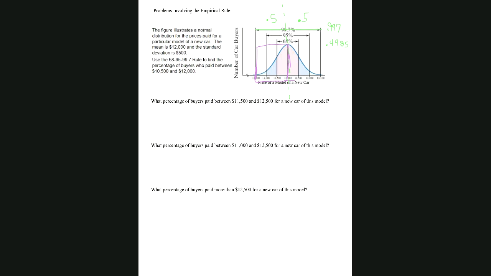But in this case, I only needed to recognize that this was 1/2 of the 99.7%, because it was just from the mean to 3 standard deviations below the mean, not 3 standard deviations below to 3 standard deviations above. So what is the percentage of people who paid between $10,500 and $12,000? Well, it is 49.85%.